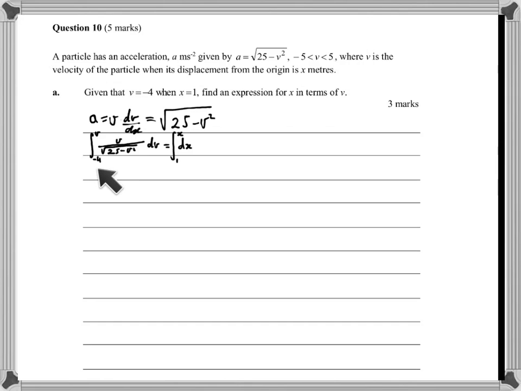That's to set up with limits on your integrals and evaluate definite integrals. So your initial conditions, when v is equal to -4 and when x equals 1, they're going to be on your lower limit. So the lower limit for v is your v value in your initial condition, and the lower limit for x is your x value in the initial condition. And then your upper limits are just your pronumerals v and x, because we want v's and x's in our rules.